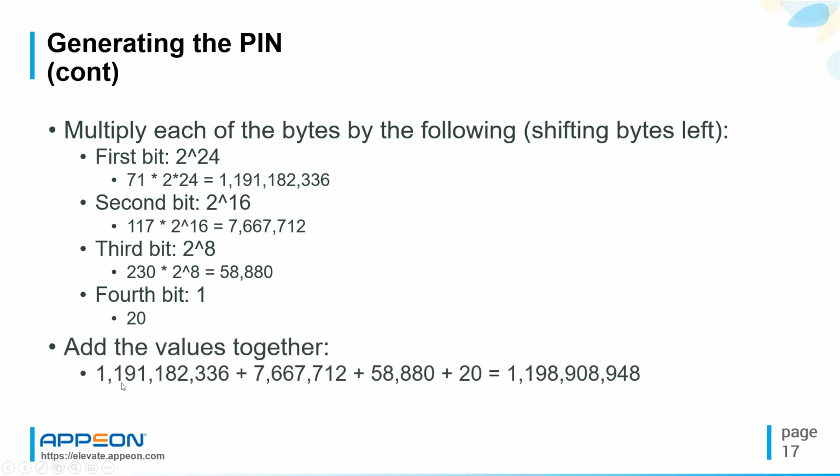So we take the 1,191,182,336, the 7 million value, 58,000 value, and 20, and we get this 1,198,908,948.